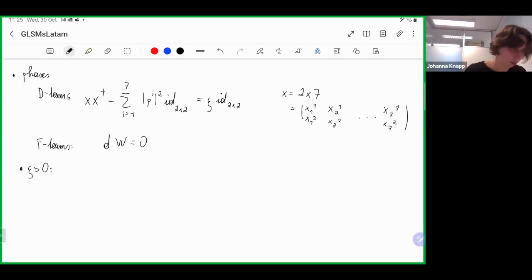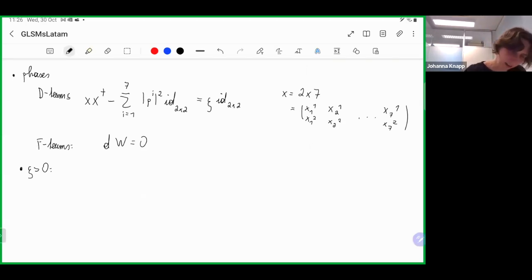So in the phase where zeta is positive, you immediately see that the right-hand side is a positive number times the identity matrix. So it is okay to set the p's to 0, but the x's cannot be 0. And what is more, this matrix X has to have full rank so that you also get something of rank 2 on the left-hand side.